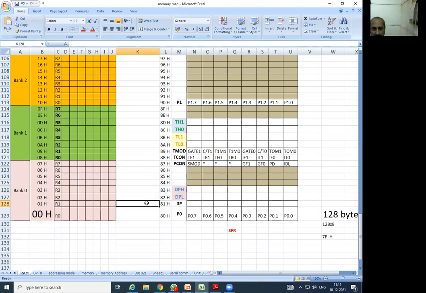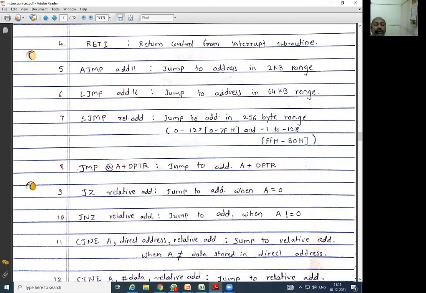It is fixed. Here you can store the particular data which you want to transfer, and to go to that location, this instruction is used: JMP @A+DPTR.